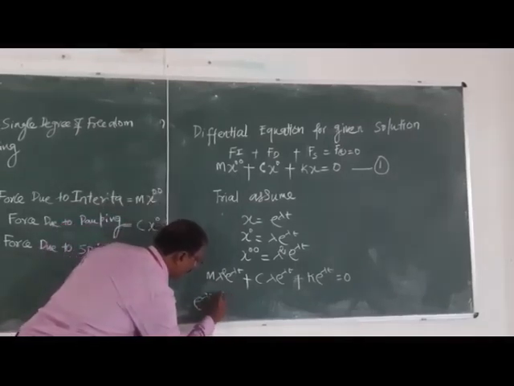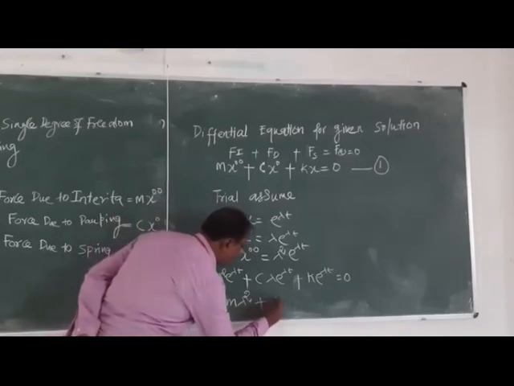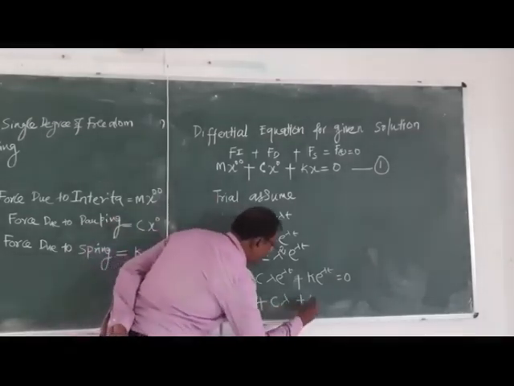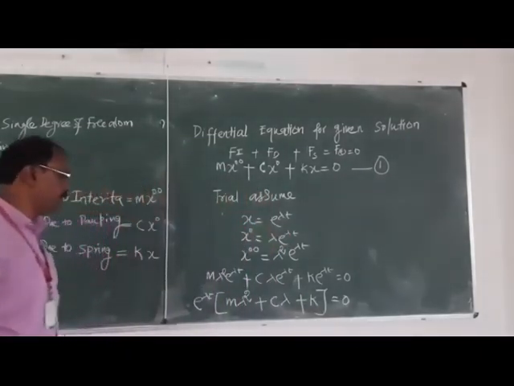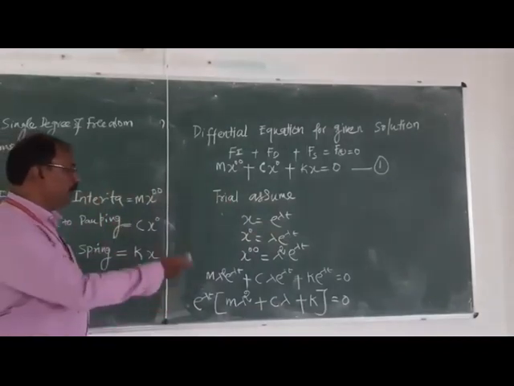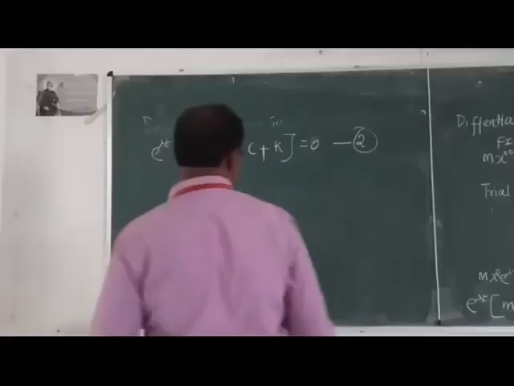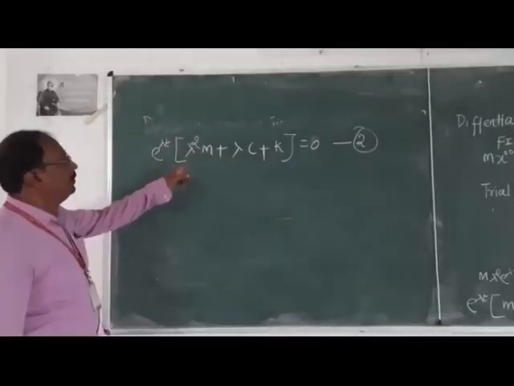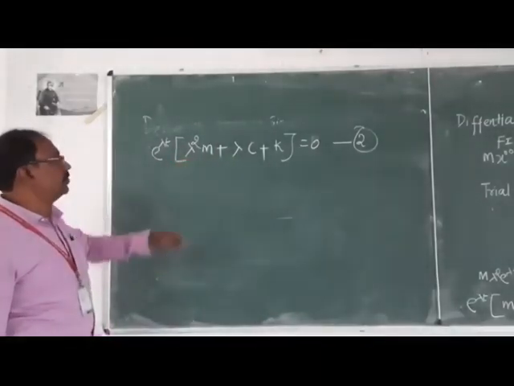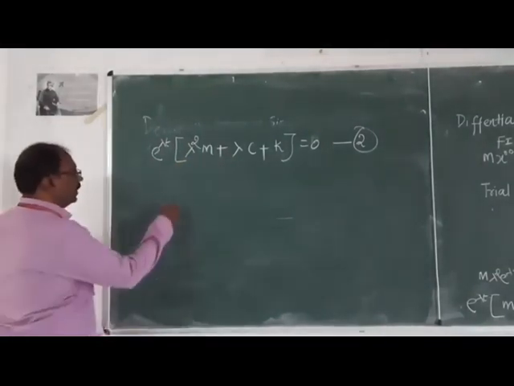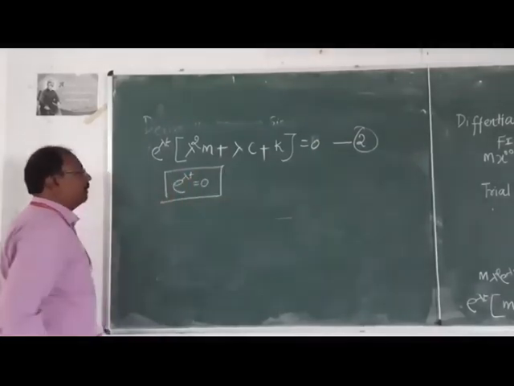Then the equation becomes m lambda square plus c lambda plus k. This is equation 1 after applying the value of x. I rewrite the equation as equation 2, where e power lambda t is equal to 0. We understand that one.